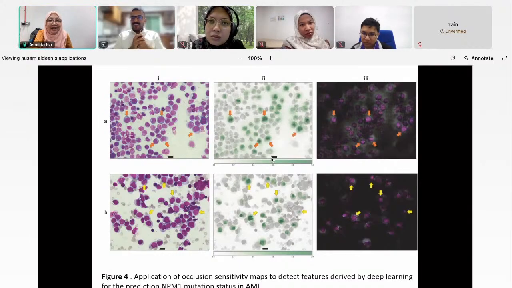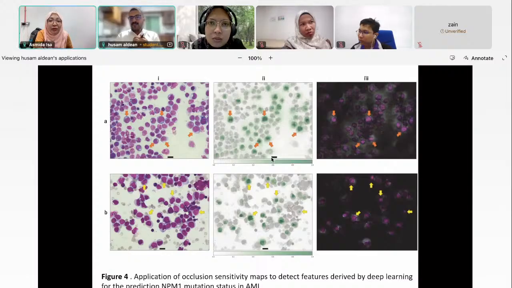Yes, they can say that if they determine the type of cell, because NPM1 mutations are usually found in myeloblast cells. Myeloblasts have a higher percentage of cells containing the NPM1 mutation.